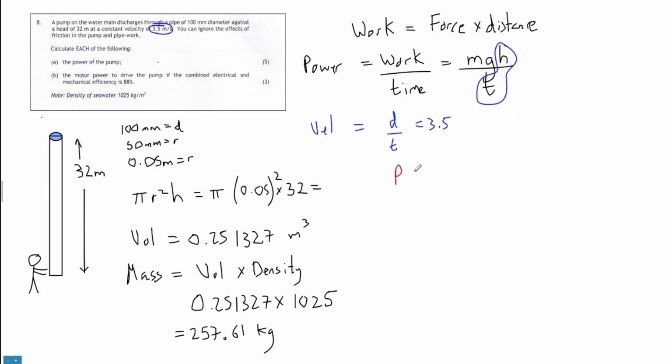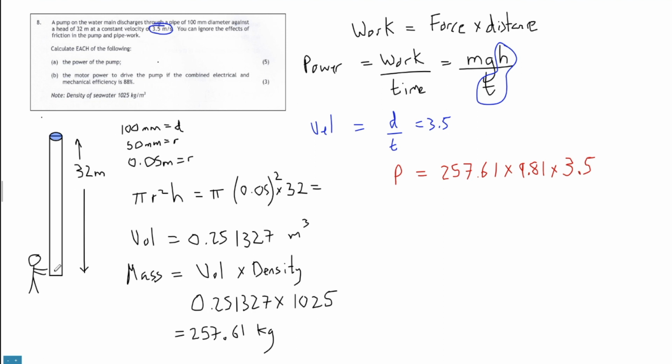So now we're going to say power is equal to the mass, which is 257.61 kilograms, gravity, which is 9.81, and the height over time, which is 3.5 meters every second. It literally is over 1 second, so it's okay.